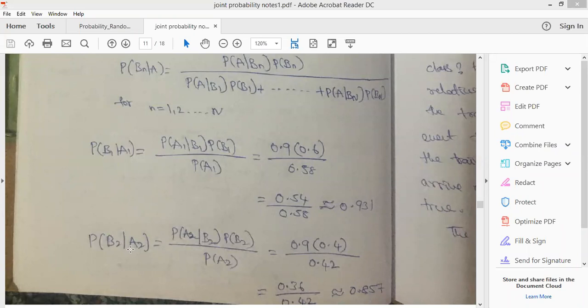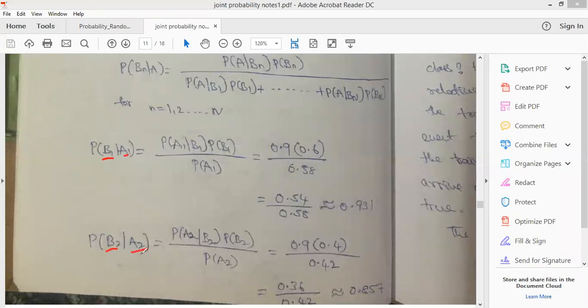So what is B2 given A2? B2 given A2 is nothing but transmitting 0, assuming that 0 will be received. Okay, so we use the same formula. Wherever you have B1 in the previous formula, replace B1 with B2, and A1 should be replaced with A2.